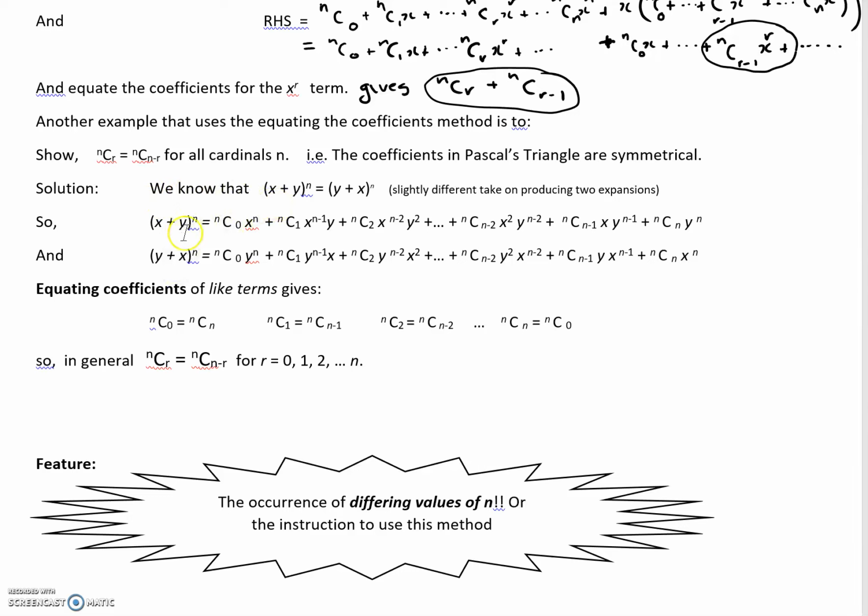We do create two binomial expansions, but they're certainly a little bit along different lines to the nature of the expansions in that previous example.